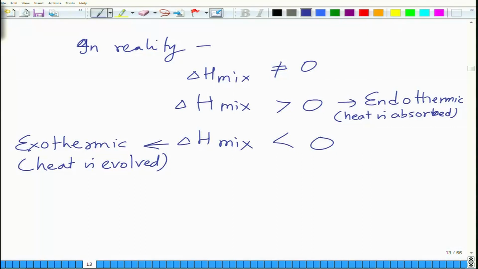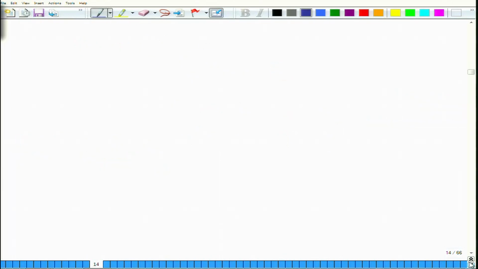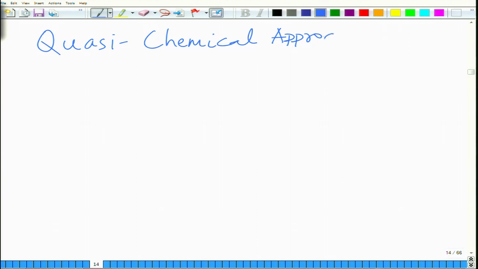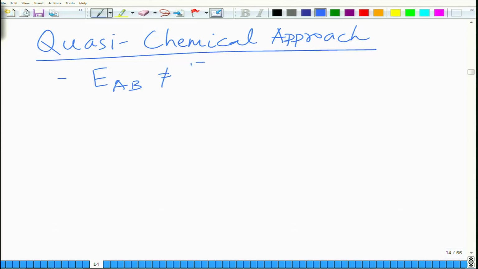So, that is the reality of things, and in this context, when we build a formalism about it, we take an approach called the quasi-chemical approach. So, what do we do in this approach? First thing is EAB is not equal to EAA is not equal to EBB, and that is because they are different atoms.